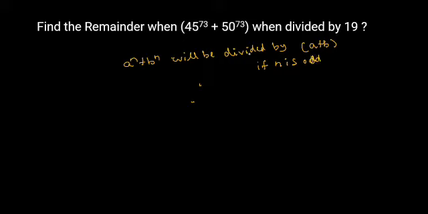Now what it says is, when the power n is odd. You know that 73 is an odd number, so n is odd now.